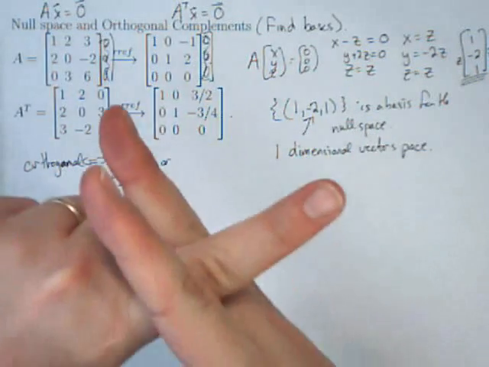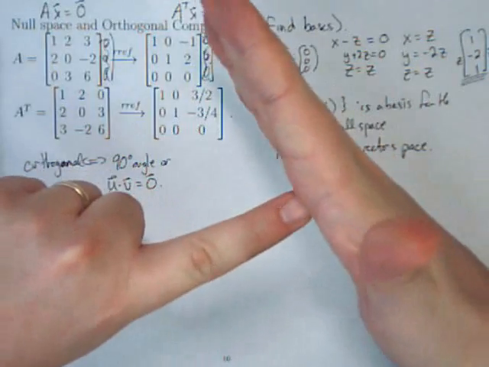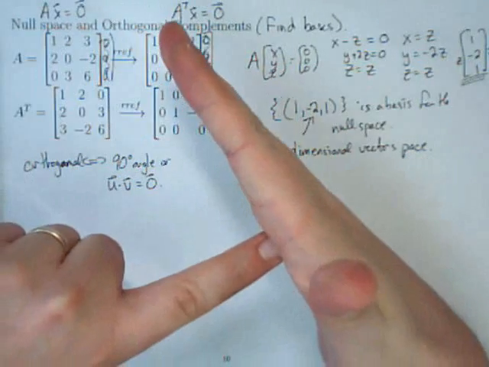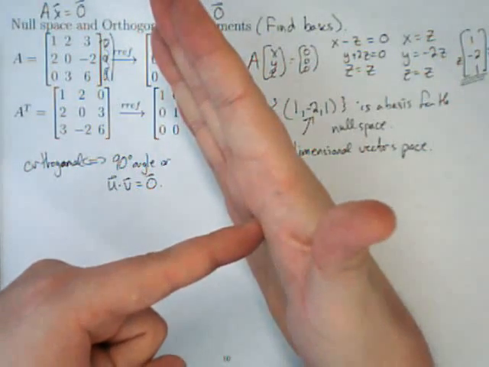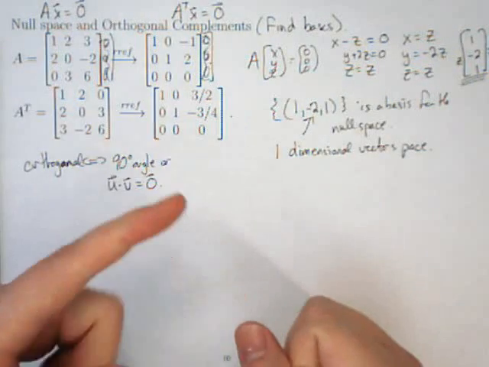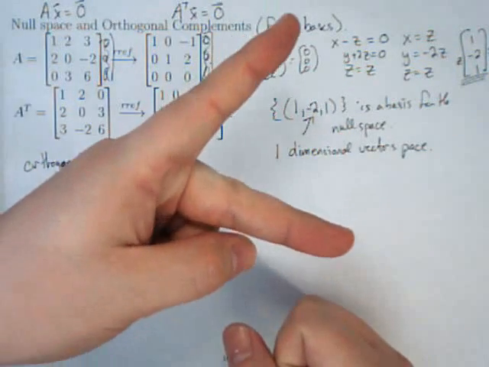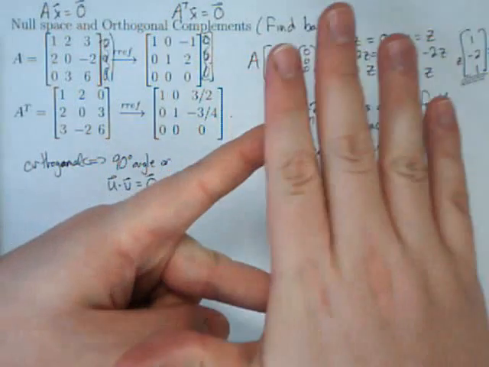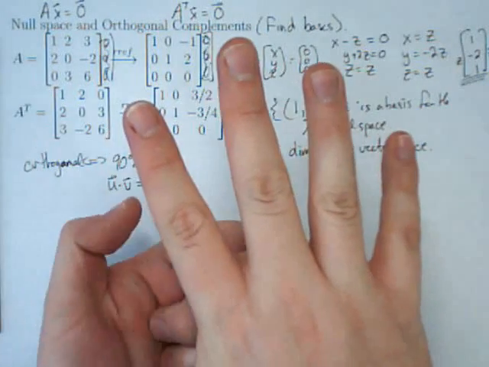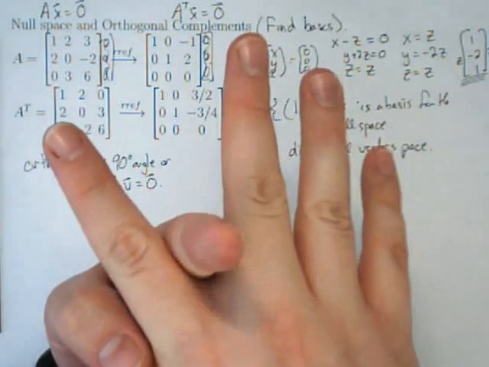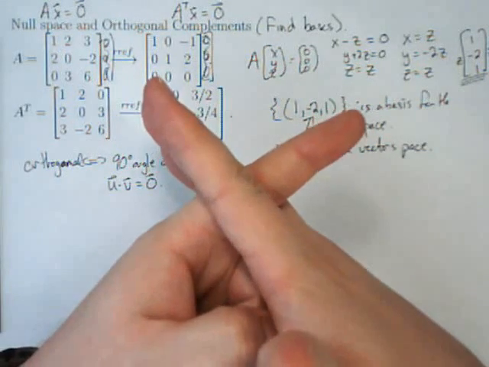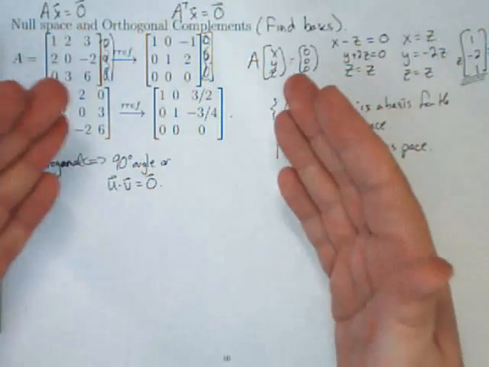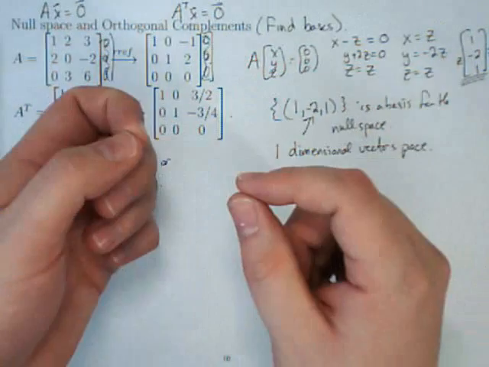There's a whole plane full of vectors orthogonal to a single vector. So if I have a vector, how do I find all vectors orthogonal to it? Or if I start with two vectors and consider the plane spanned by them, how do I find the line full of vectors orthogonal to the plane? Our goal is to find the orthogonal complement.